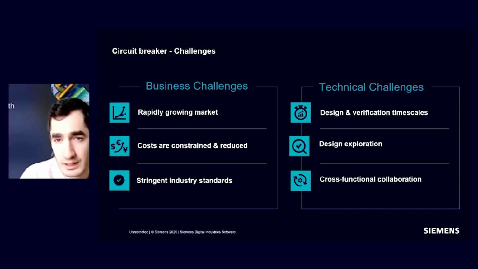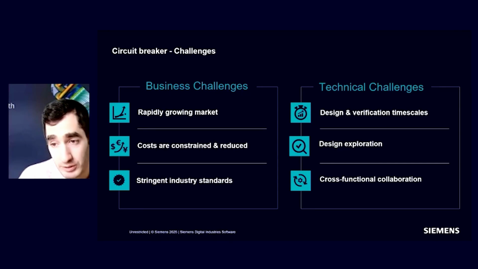And then on the technical side, design and verification timescales: as we said, with CAD embedding and the analysis always synchronized with geometry, we start at an earlier stage to understand what's the best design. All the time that it takes to continuously exchange, import and export is not there anymore. So we have way shorter timescales to get to the final best design.